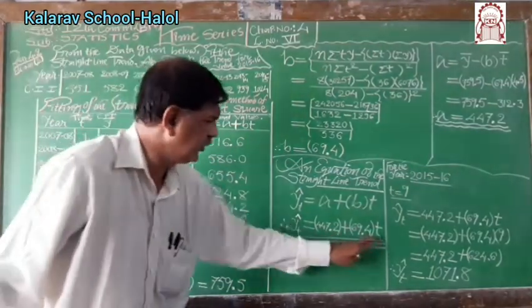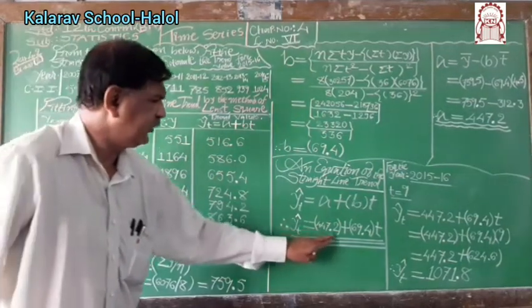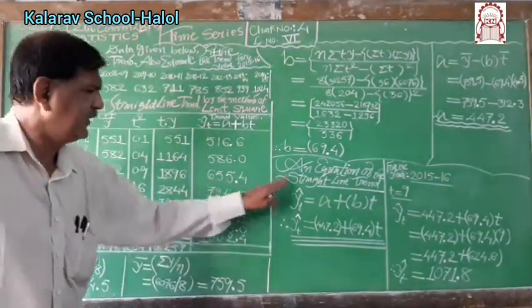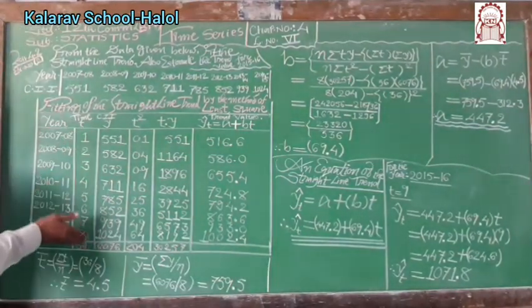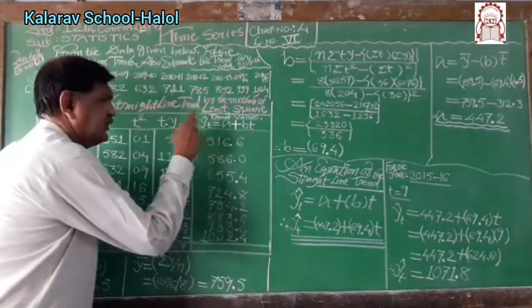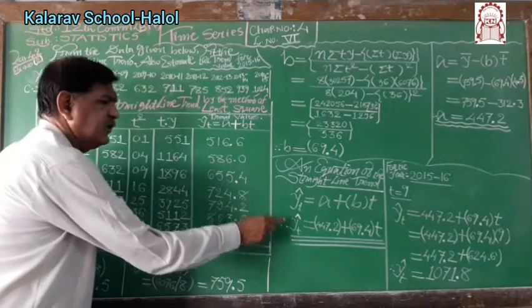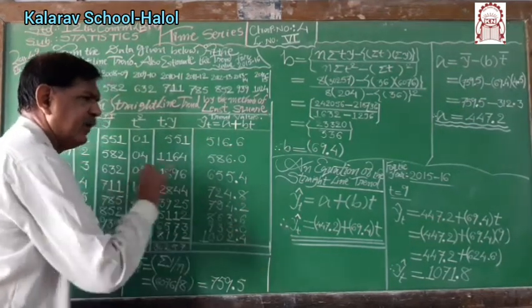Substitute t equal to 2 in this equation, you will get 586.0. Substitute t equal to 3, you will get 655.4, and so on. Similarly, calculate for each and every year. This is the last column, trend values y cap t, a plus bt. In this equation, substitute 1, 2, 3, 4 and so on for the given number of years.